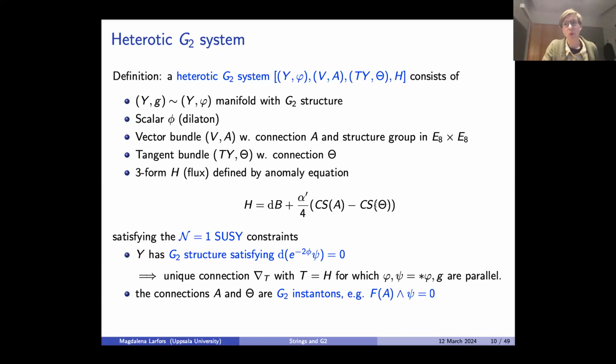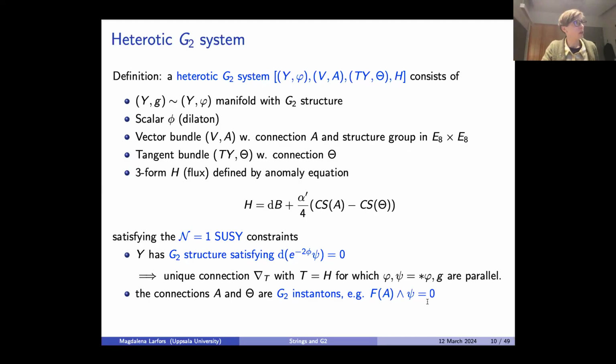This is not true in general, but it has been proven under the assumption that theta is a G2 instanton, that the curvature of the connection wedged with psi is equal to 0.